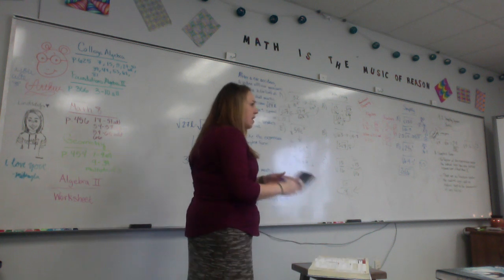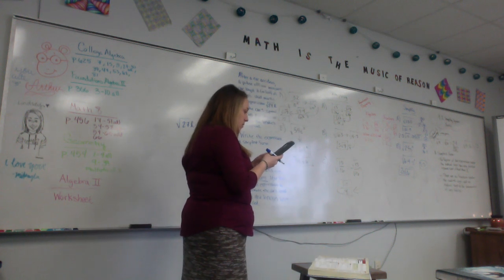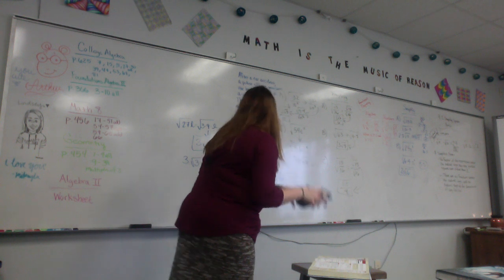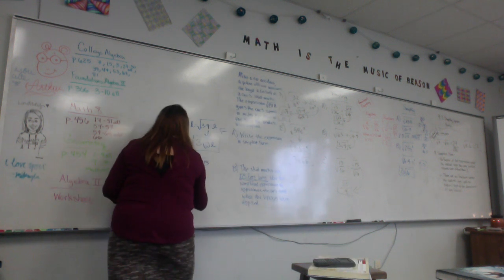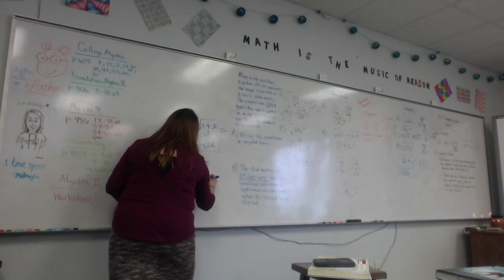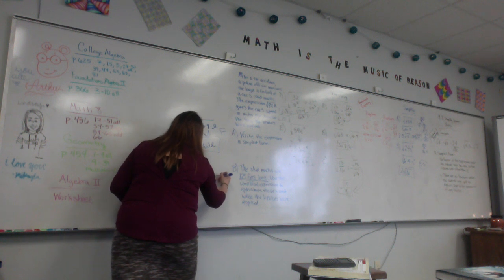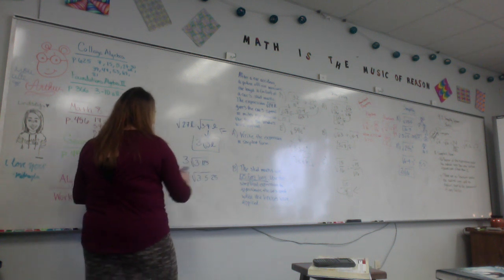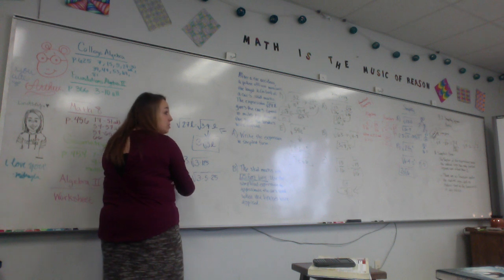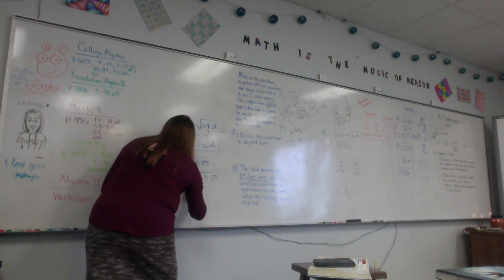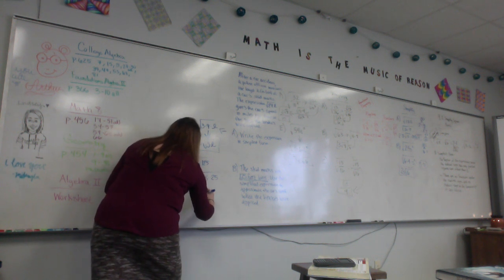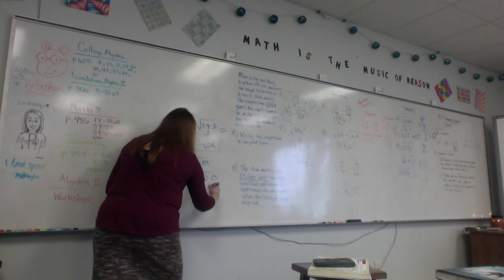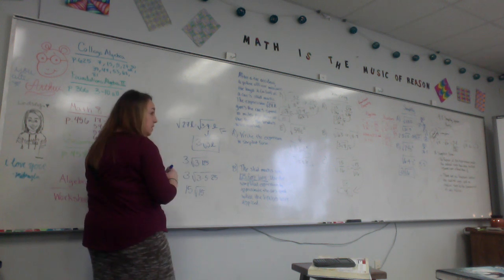Is it 25 and 5? Yes, 25 and 5. So I'm going to break this down to say 3, radical 3 times 5 times 25. So what comes out of there? A 5. And I do 5 times 3 on the outside, which is 15. And I get 15 radical 3 times 5. So 15 radical 15 is my answer?